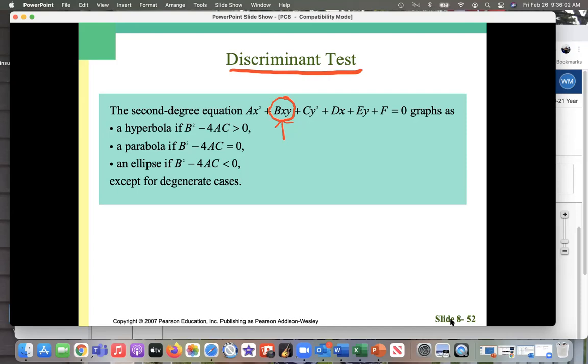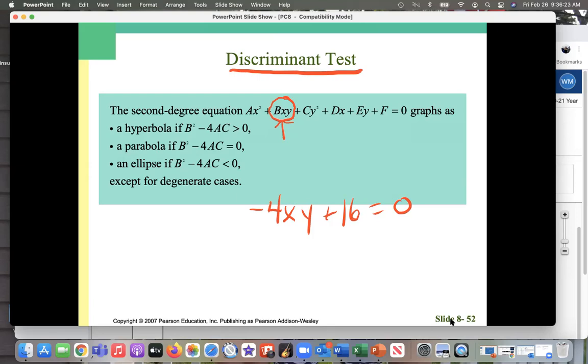Okay. So for example, here is, and this is going to look like a maybe simplified form here, an equation of a conic section. There's no x squared, there's no y squared. I realize that, but trust me, that is a conic section. I think it's going to be a hyperbola.